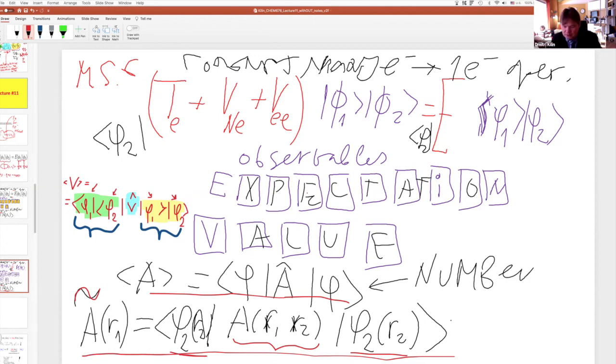So it is an expectation value for electron 2, but it is an operator for electron 1.